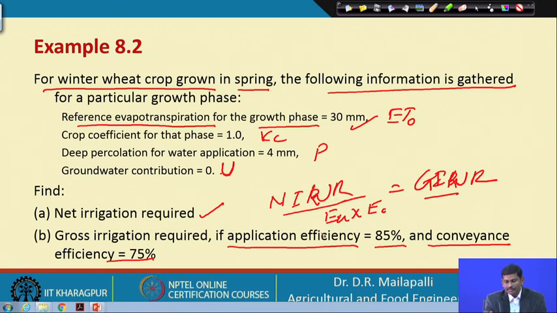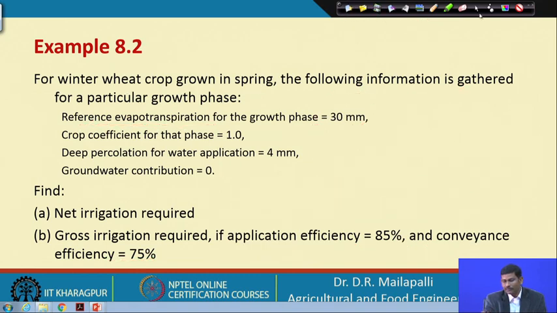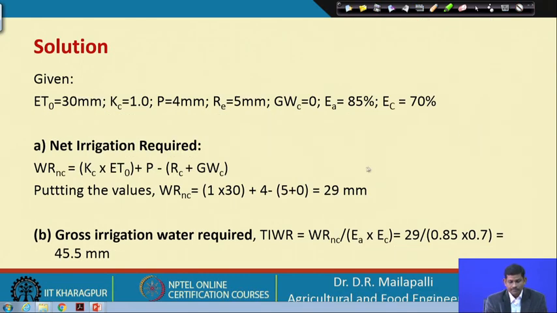Okay. So, let us see the solution. The given values are ET 0 30 mm, Kc 1, P 4 mm, Re 5 mm, groundwater contribution 0, EA, application efficiency, 85%, and conveyance efficiency 70%.